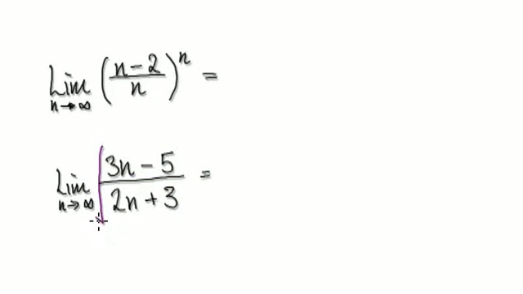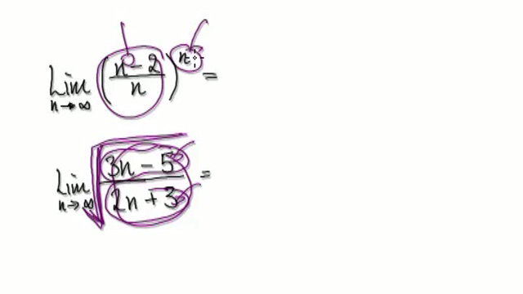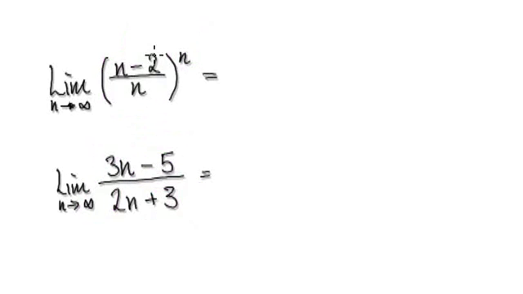If you have something like this, then it's okay, because yes, you're acting on what's being moved, but what you're acting with has nothing to do with n. Up here, you're acting on this thing, and n is moving about. Here, the square root is not moving about. It's independent of n.